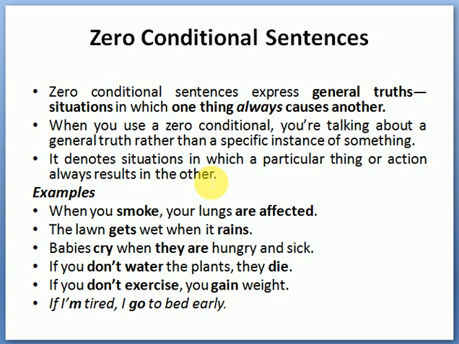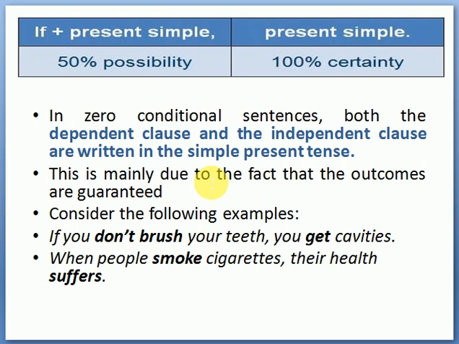Now we will have a look at the structure of the zero conditional sentence and the grammatical structure. The zero conditional sentences contain both the dependent clause and the independent clause, as we had already seen that the conditional sentences contain one dependent and one independent clause, one subordinate and one main clause. And here in zero conditional sentences, both the clauses are written in the simple present tense.